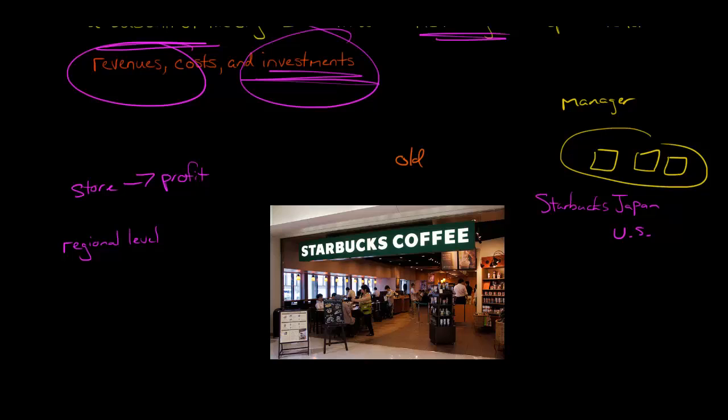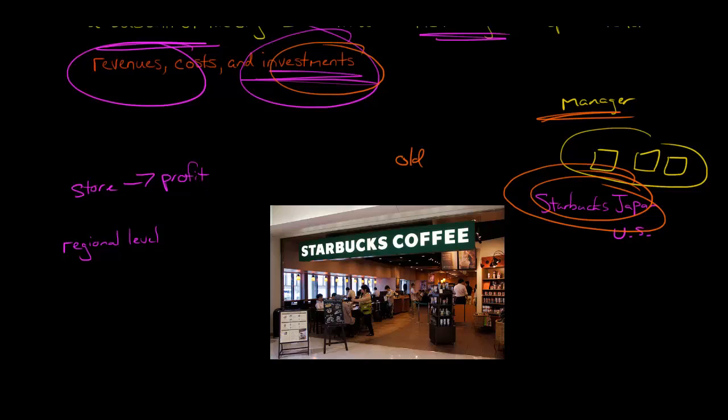And so if the regional manager had the authority to make that decision for all the stores in Japan, then the regional manager for Starbucks Japan would have authority over investments, and his or her subunit would be treated as an investment center.